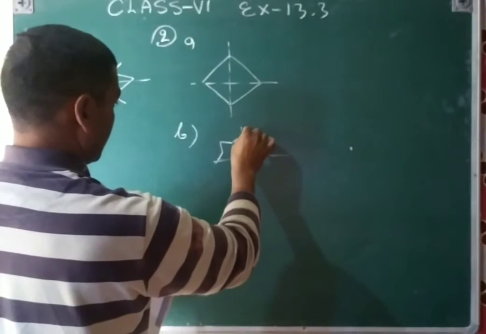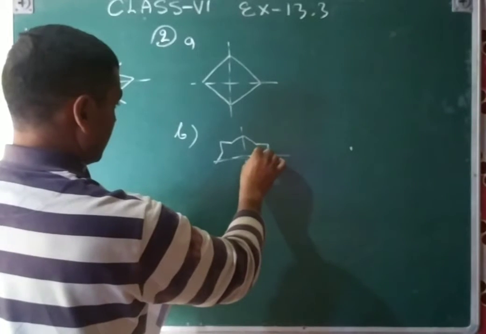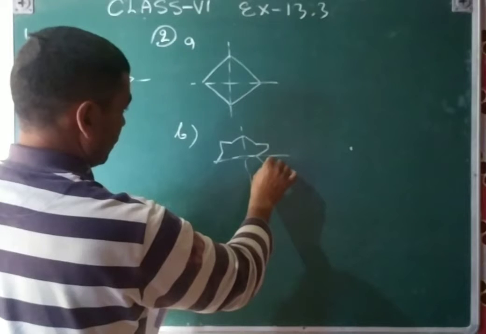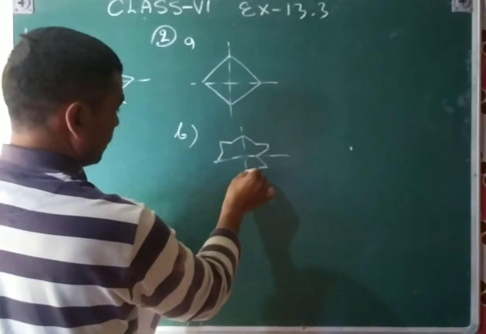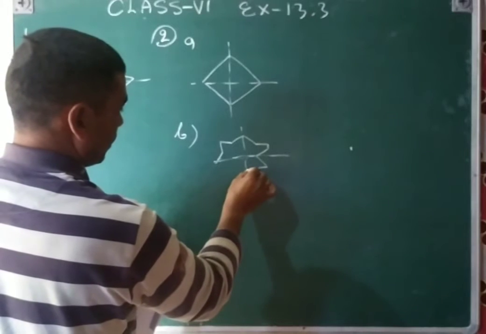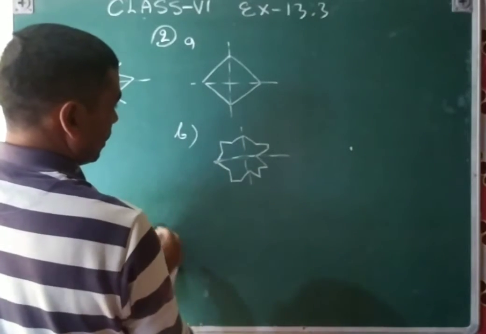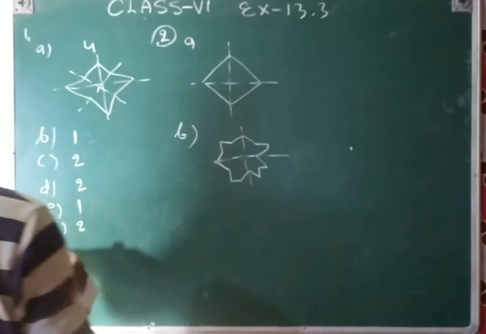So similarly we will go this one, and then this one. Similarly here also we will go, and then this one also we will go like this. Every diagram you will draw like this.